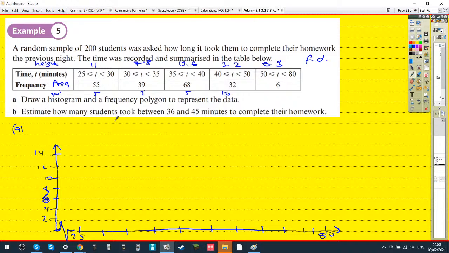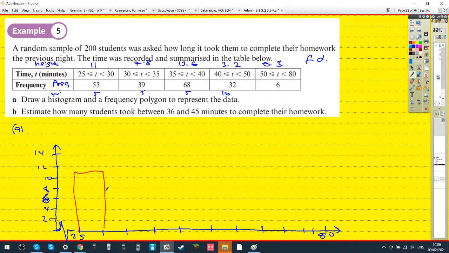So how would you draw the first one? It would stretch across from 25 to 30. So it'd be the first bar, and then it'd go up to 11, so between 10 and 12. You would do the same for all of those, and there's no gaps between them.